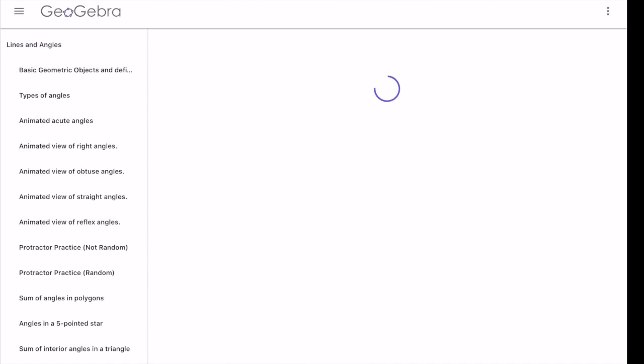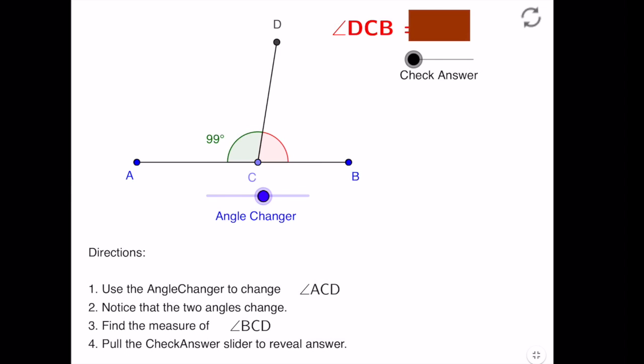Okay, supplementary angles. What are supplementary angles? You can probably tell right away. Angle AB, that's a straight line. And therefore we know that if it's a straight angle, the total arc is going to be 180 degrees, half of a circle, right? So if we change that angle to something simple, like 90, the two dots indicate it would be a perfect 90-degree angle.